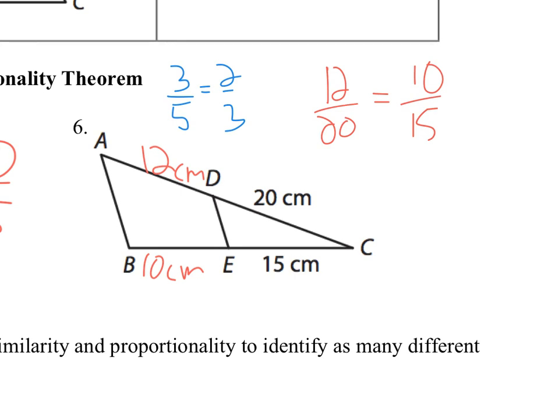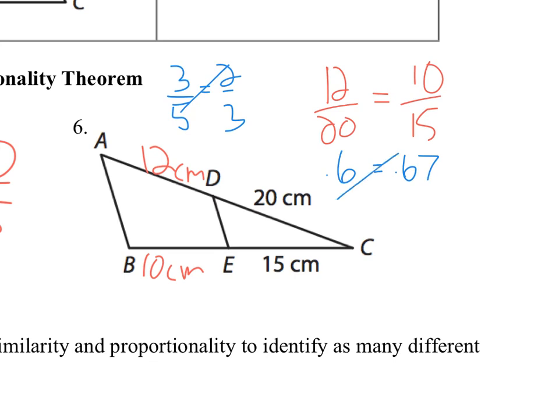Is 3/5 and 2/3 the same? No. The other thing we can do is we can actually divide it and get decimals. So 12 divided by 20 is 0.6, and 10 divided by 15 is 0.67. Are those 2 equal to each other? Nope.